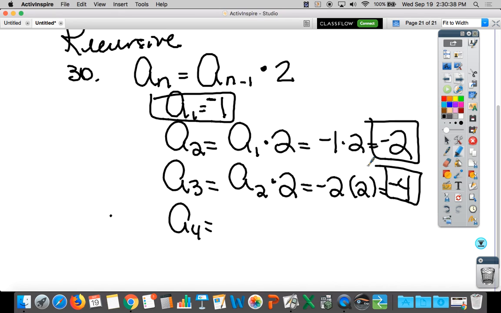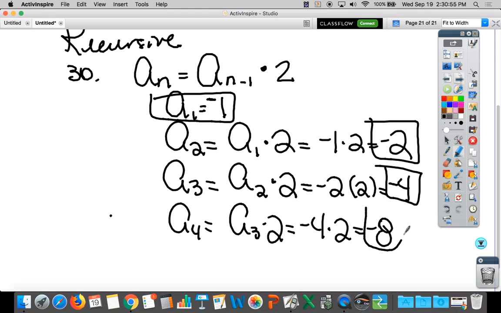Now I'm going to find the fourth term. N is 4. 4 minus 1 is a sub 3 times 2. What's my a sub 3 term? Negative 4 times 2. My fourth term is negative 8. Who can tell me the translated in your own words version of what I just did?